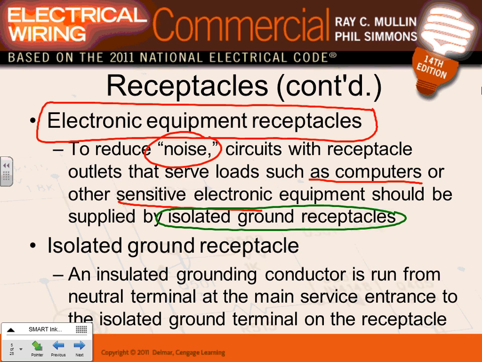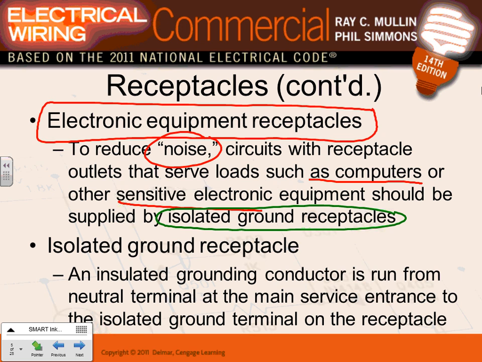So why would I use something like this? Because I don't want the data to be corrupted. Sensitive electronic equipment, cashiers, computer banks, and any places with a lot of sensitive electronic equipment are powered with a standalone, dedicated green wired conductor that goes all the way to the service.